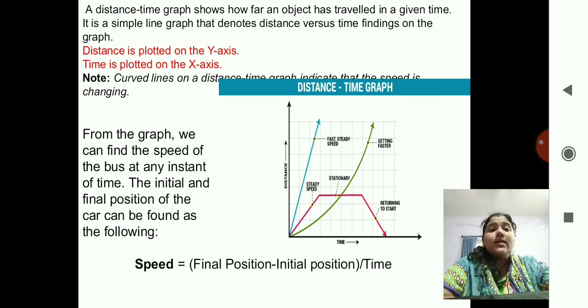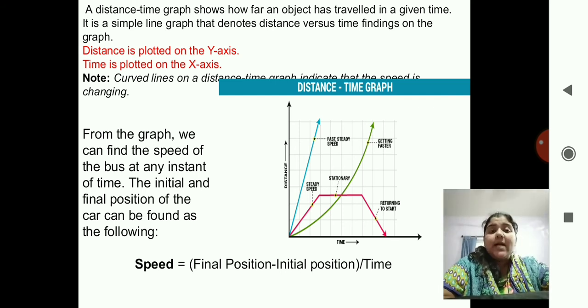So in that case they plot a graph, so that after seeing the graph, they can see how the movement of the car or the object is going on. Is it in uniform motion or non-uniform motion, or is the object at rest?